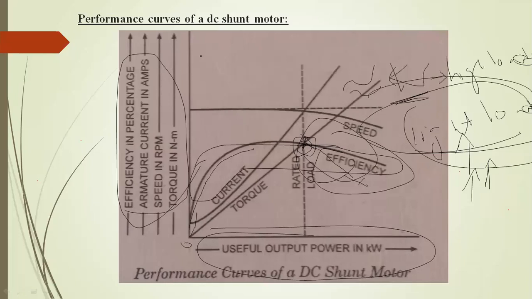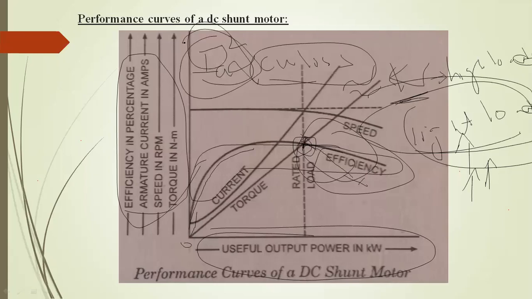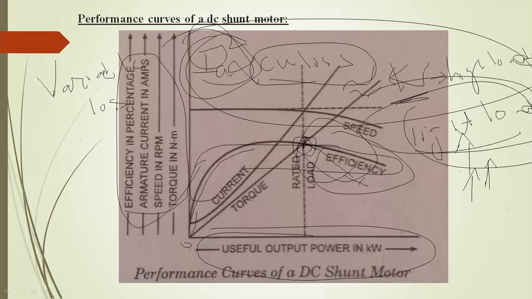In the armature, the copper losses vary as the square of the armature current; if the armature current doubles, the copper losses quadruple. So this is termed as variable losses.